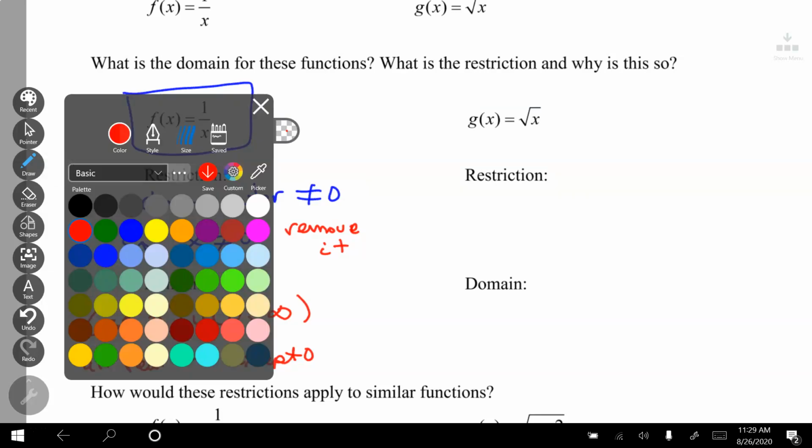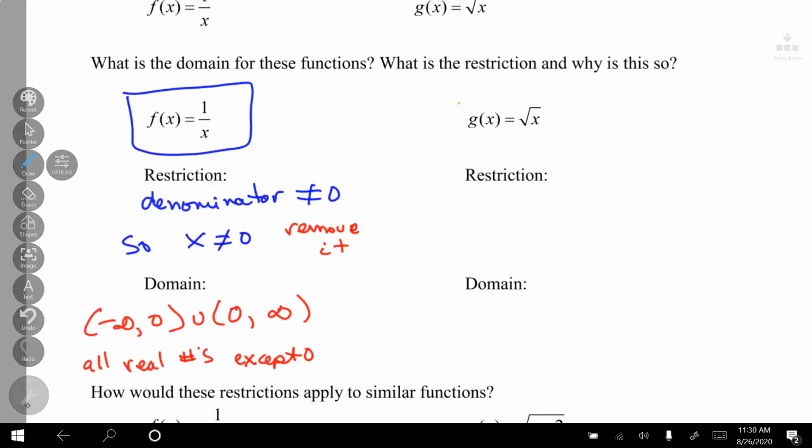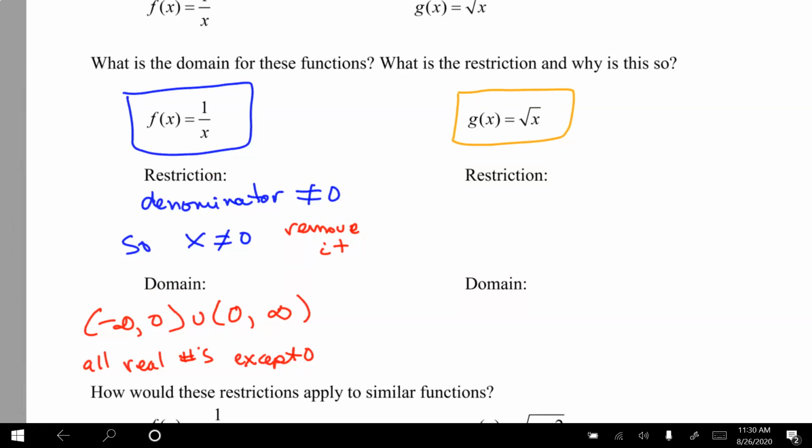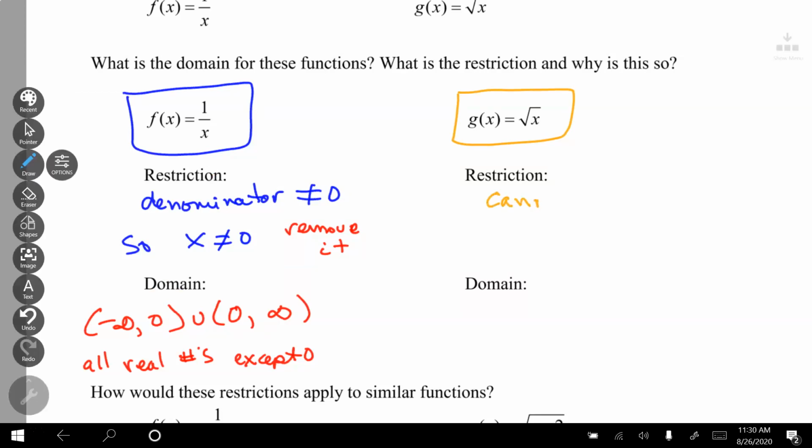This next function, the square root of x, my restriction is I cannot take the square root of a negative number. I can take the square root of 0. I cannot take the square root of negative 4.